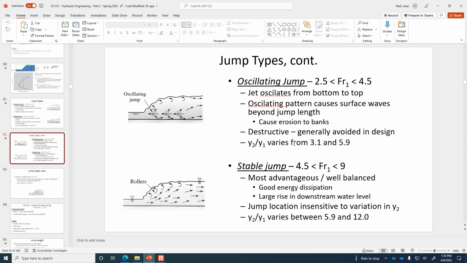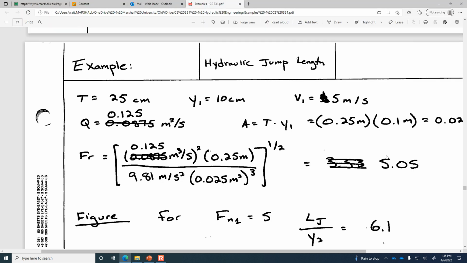This is the one that's most advantageous simply because the flow velocity isn't pointed towards the bottom of the channel, and it stays in place. It's not meant to drift back and forth in terms of its location. Okay, so we've got a 5.05 for the Froude number.